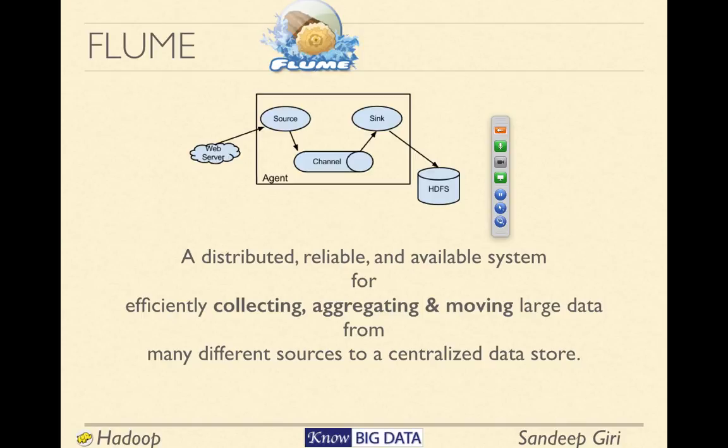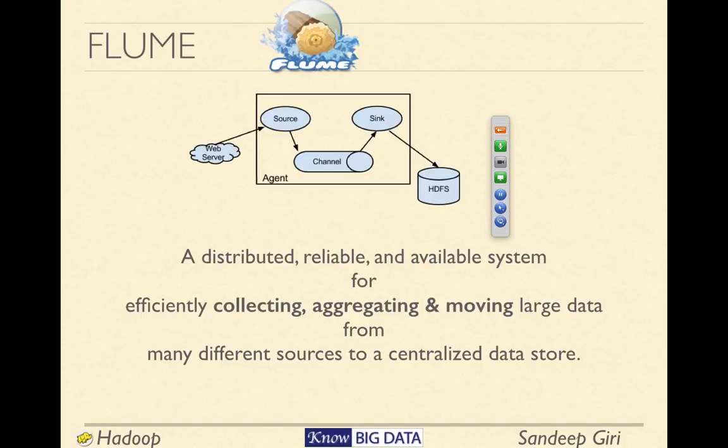Instead, if we create a buffer where whatever data source is gathering keeps getting written to the buffer, and in a single shot the whole data from the buffer is written to HDFS, it will be very fault tolerant as well as very fast. That buffer is the channel.